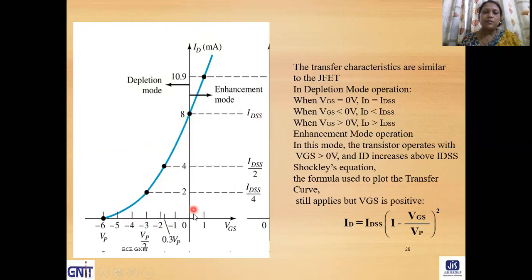And at this point, when VGS is greater than 0, ID is greater than IDSS. This is enhancement mode operation, and the left side represents depletion mode operation and the right side represents enhancement mode operation in the transfer characteristics curve.